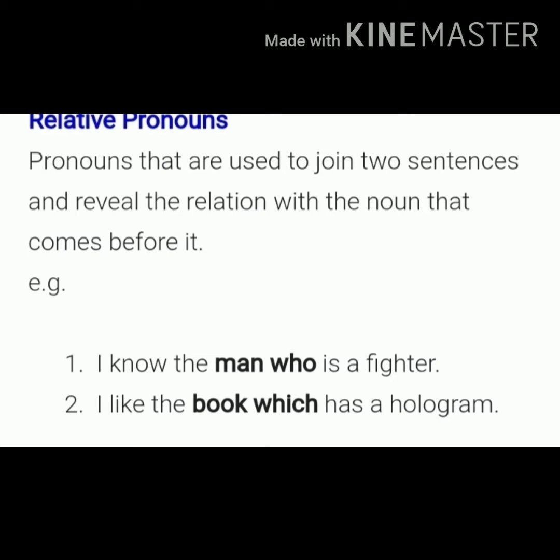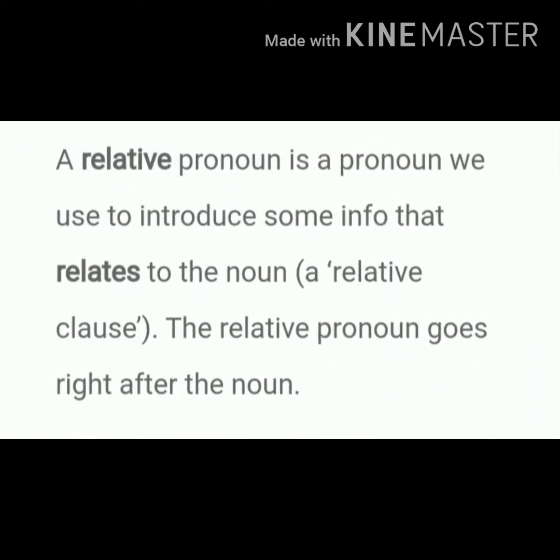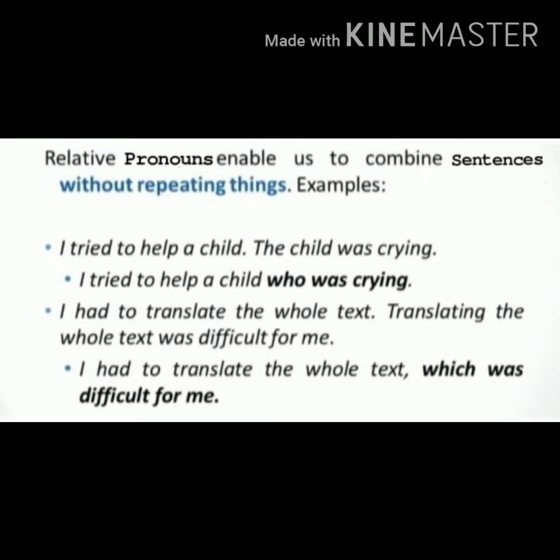Same way, in the next sentence, the relative pronoun used is which, and it adds the information that the book has a hologram. So, a relative pronoun is required in a sentence to add more information about the noun without repeating anything.